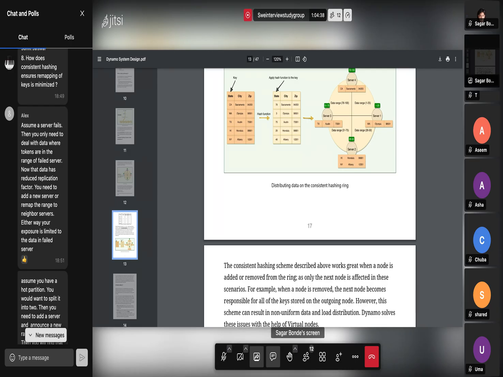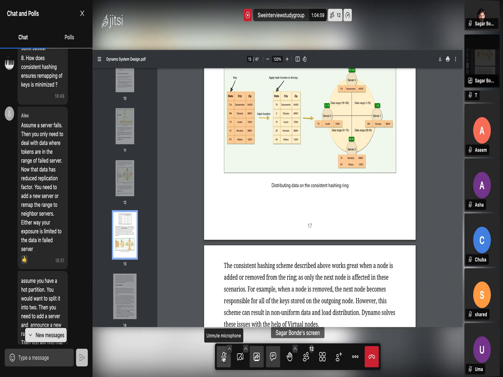But with Cassandra, we can use it in AWS, in Google Cloud, even on a bare metal server.